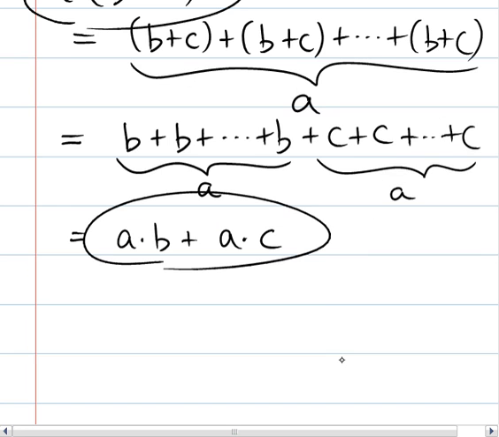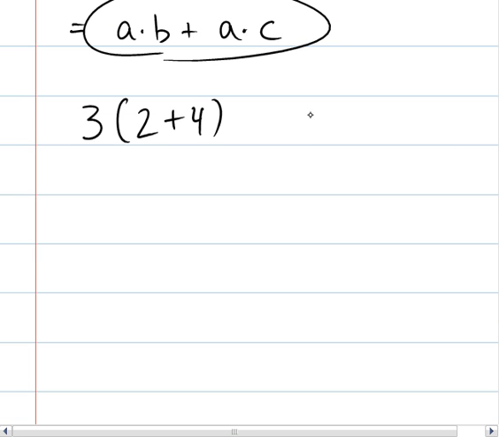I'm going to look at a geometric explanation. Okay, I'm going to look at some geometry here. All right, if I take a look again at 3 times (2 plus 4) and compare that with 3 times 2 plus 3 times 4, I'm going to compare these two quantities by drawing some dots.